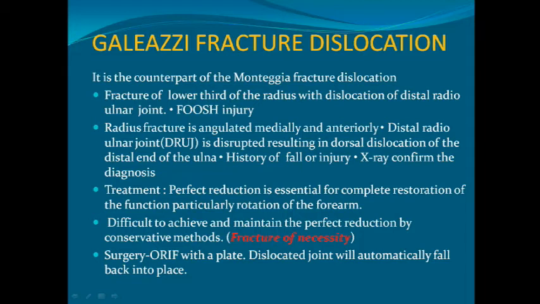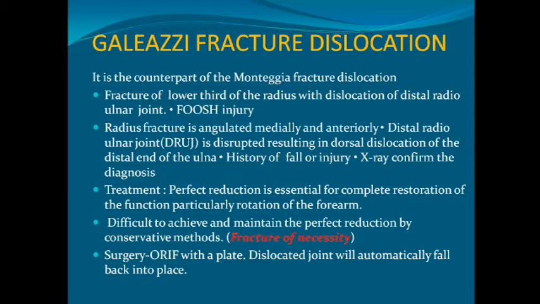Now in the treatment part, you need to reduce the fracture properly. Why is it important? Because without operation this fracture is very difficult to reduce. This fracture is often called the fracture of necessity because it necessitates surgical intervention.